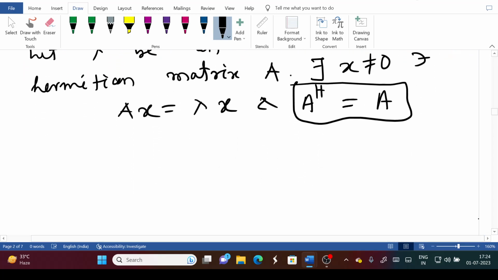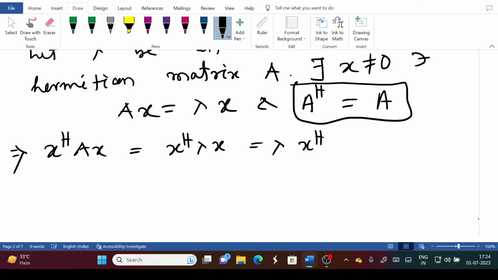Now let us multiply both sides: x^H A x is equal to x^H lambda x. Lambda is a scalar, taken outside, so x^H A x is equal to lambda times the square of the length of x.